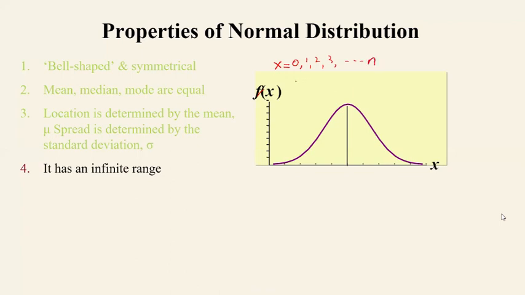But if it is a Poisson random variable, x is equal to 0, 1, 2, 3, 4, and so on, but we don't know the maximum value. For the normal distribution, the random variable has an infinite range: minus infinity less than or equal to x less than or equal to infinity. So there are infinite values.